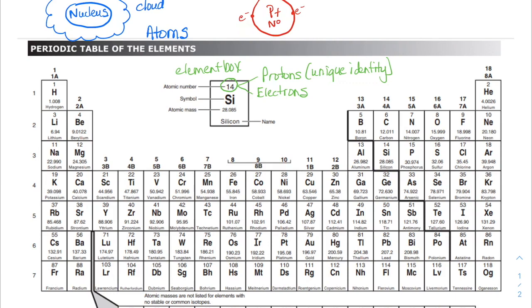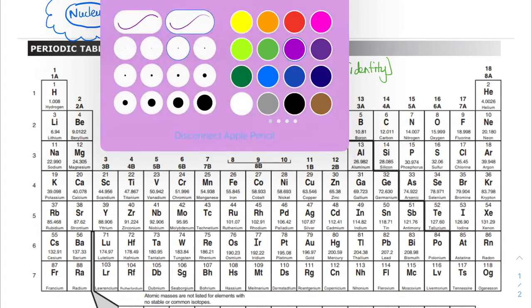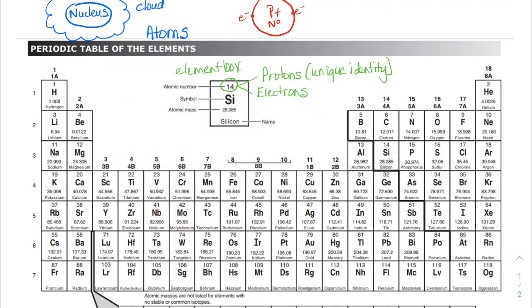Okay, so what I want to do next, I'm going to switch my color again, and we're going to decode the chart even just a little bit more, and we're going to label what the rows and the columns are called. So I'm going to pick the fourth row. So if you notice here, we've got these numbers going down the left side, okay?